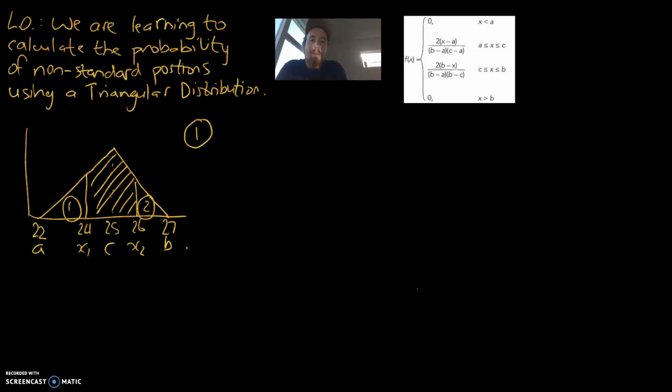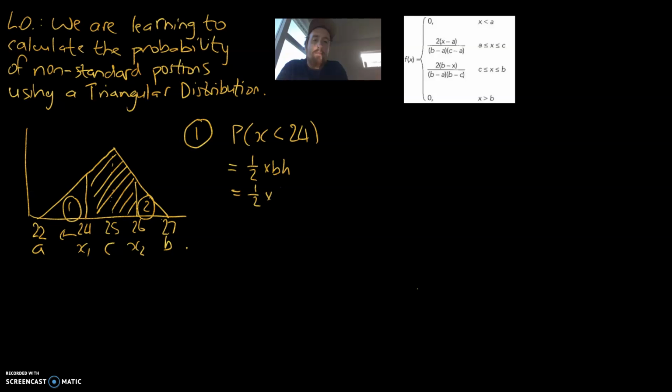So let's find the probability of triangle 1. The probability that x is below 24, so we're trying to find 24 or below in that direction, is equal to 1/2 times base times height.